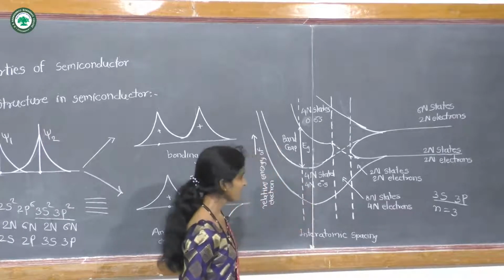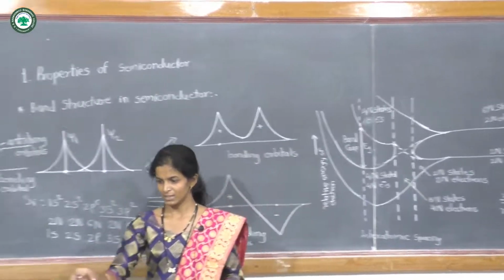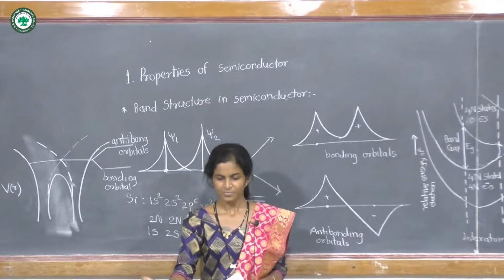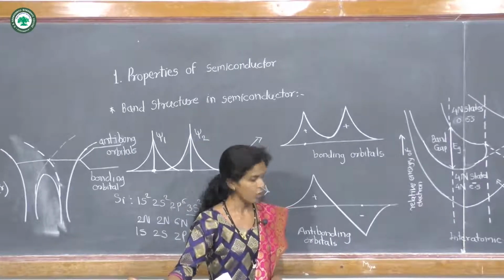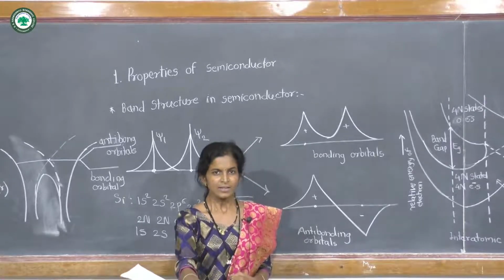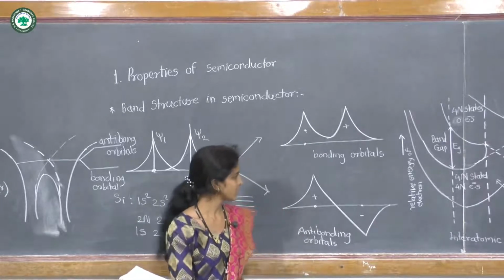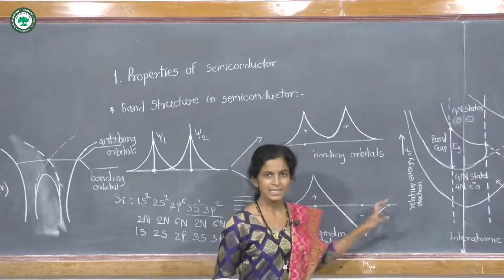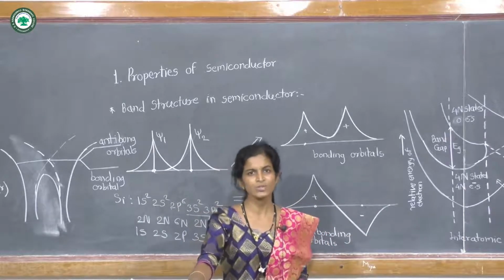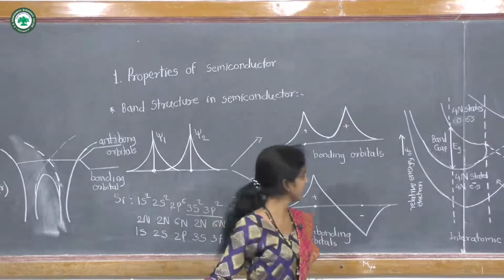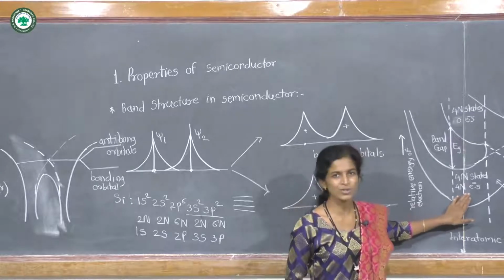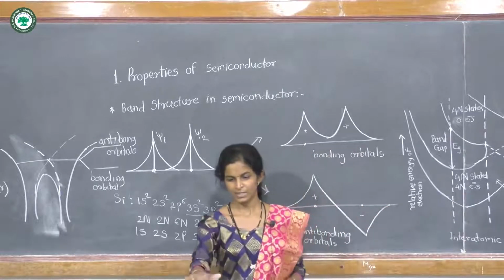So at 0 K, other than the core levels, the electrons occupy the lowest energy states.